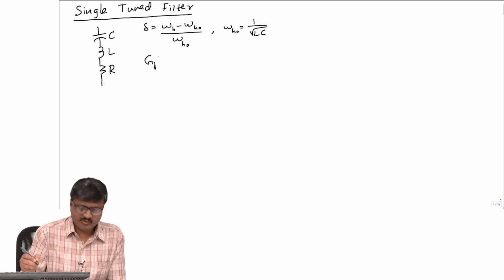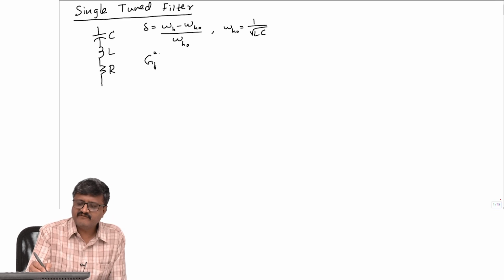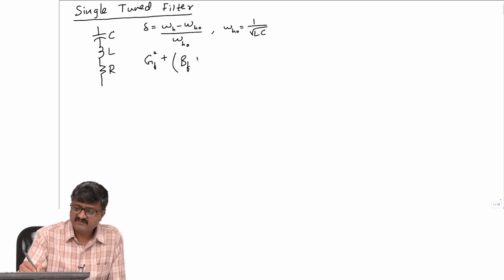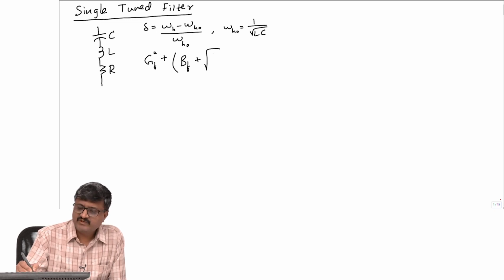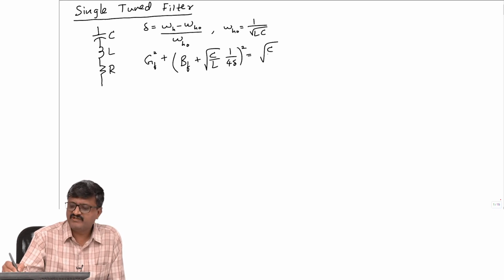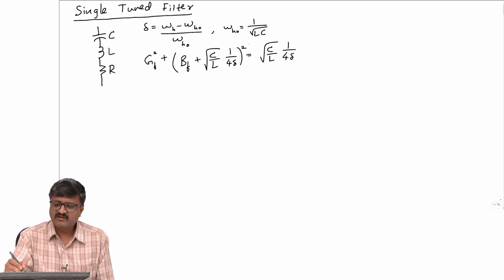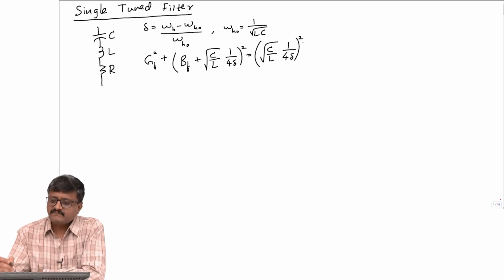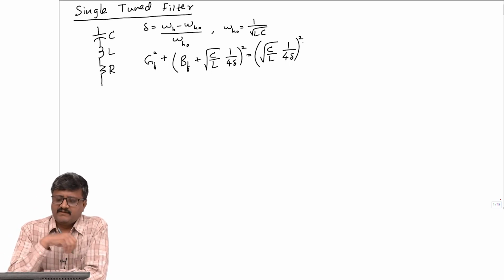Let me rewrite that particular equation. I will not go through all the steps. The last equation that we got was (GF squared) plus (BF plus square root of C by L times 1 by 4 delta) whole squared is equal to (root C by L times 1 by 4 delta) whole squared.